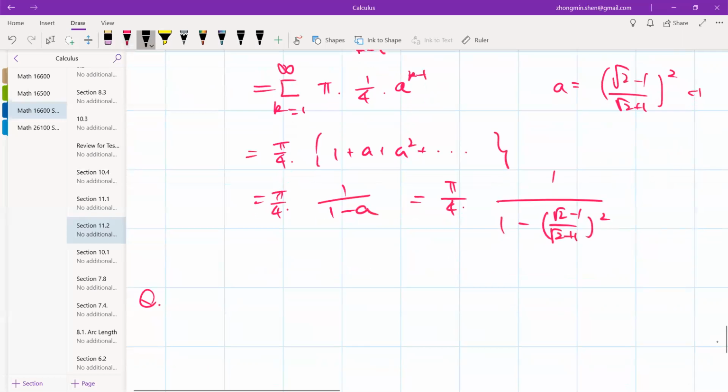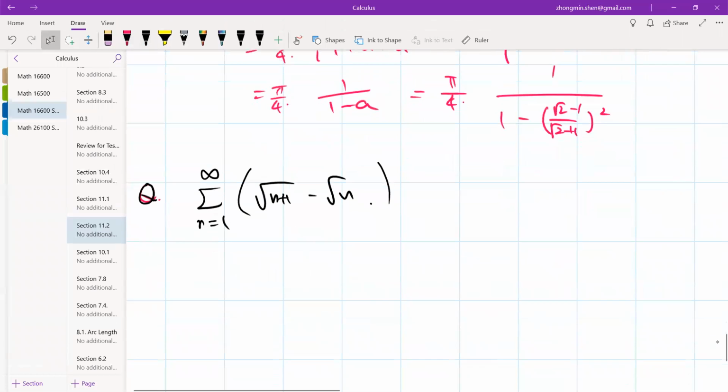Let me give you another. Sometimes we don't always end up with a geometric series. How about this one, N equals 1 to infinity? Is it divergent or convergent? Now you can write down all the terms.